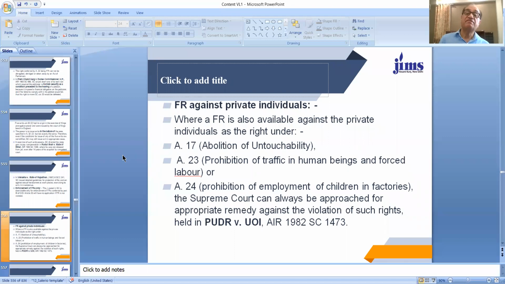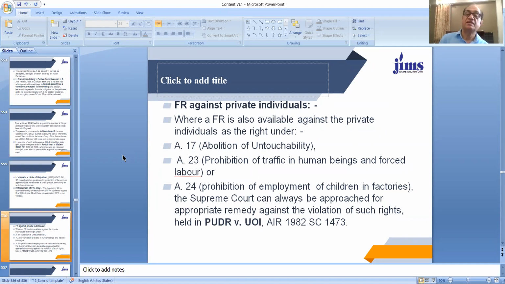But where a fundamental right is also available against private individuals, say for example under Article 17, abolition of untouchability, and somebody says to a scheduled caste that you will not enter my house because you are a scheduled caste, you will not draw water from my well because you are untouchable, this right is violated by a private individual.